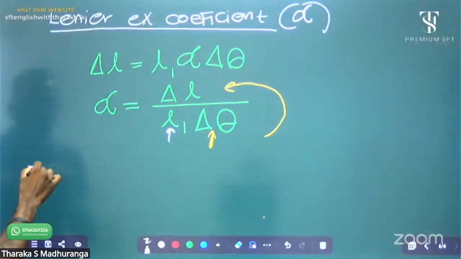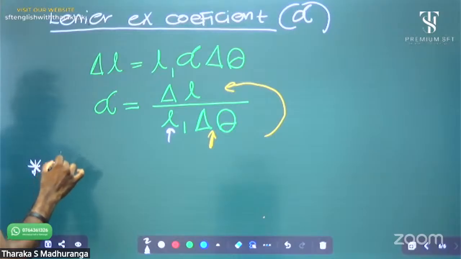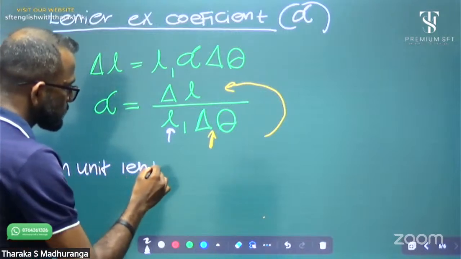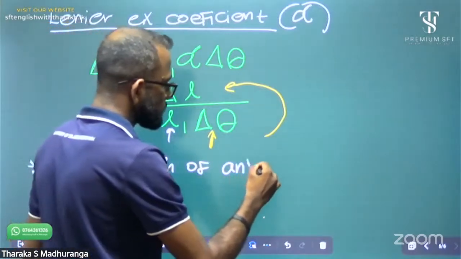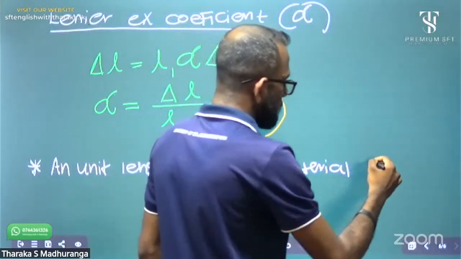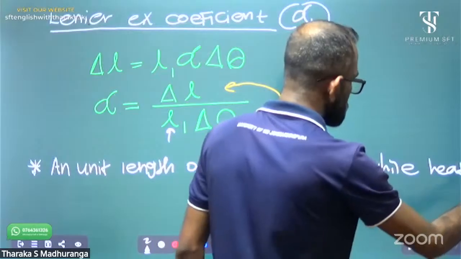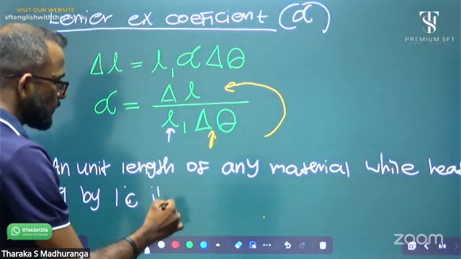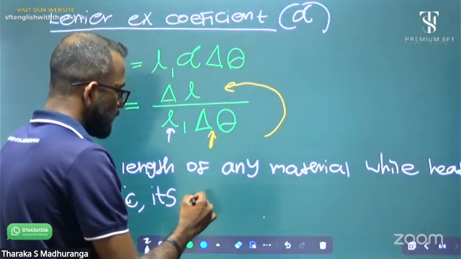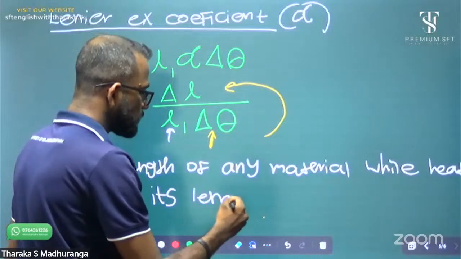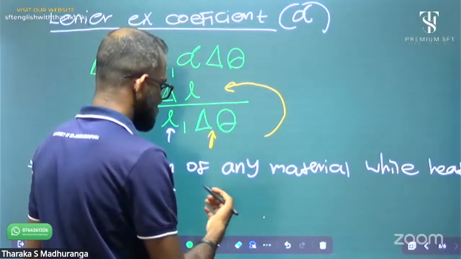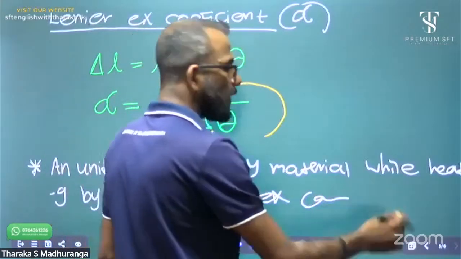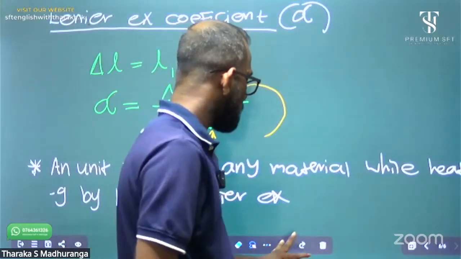Then how can we define a linear expansion coefficient? The unit length of any material, while heating by 1 degree Celsius, its increased length or linear expansion is called the linear expansion coefficient.